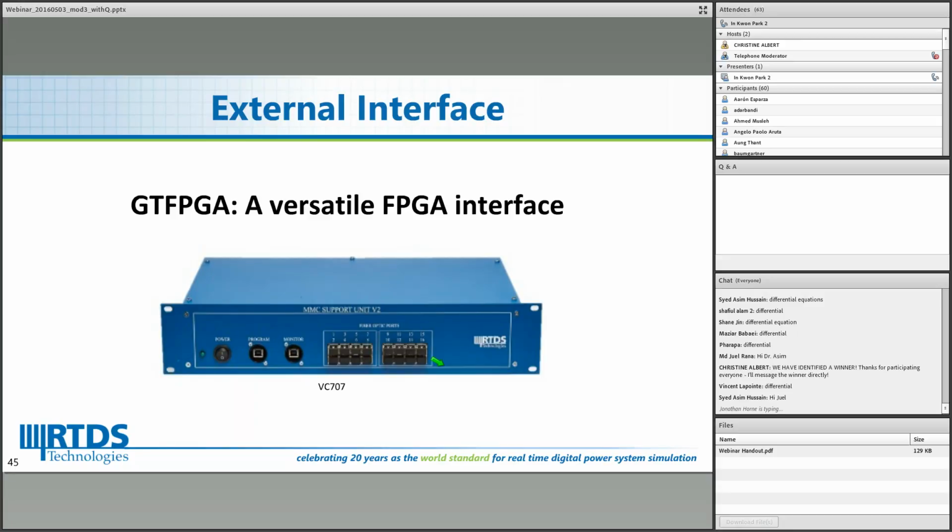This interface is what we usually call the GT-FPGA, and we offer the netlist, which represents the fiber optic connections between the RTDS and the MMC support unit. From there, you can establish your own interface and connect the optical connection between this box and your external controller. By doing that, you can exchange a large amount of information between the RTDS simulation and your own control.